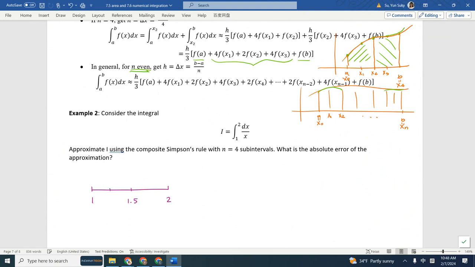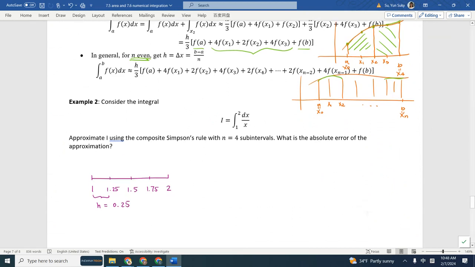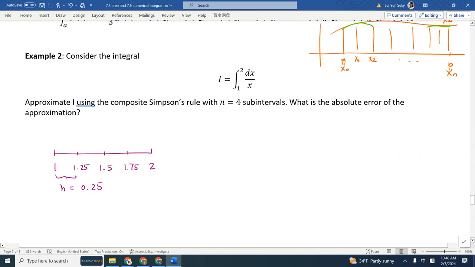And what's the midpoint between 1 and 1.5? 1.25. Then what's h? 0.25. It remains the same, right? h is the step size, the difference between 2 points. But for Simpson's method, the formula is h over 3 instead of 2.